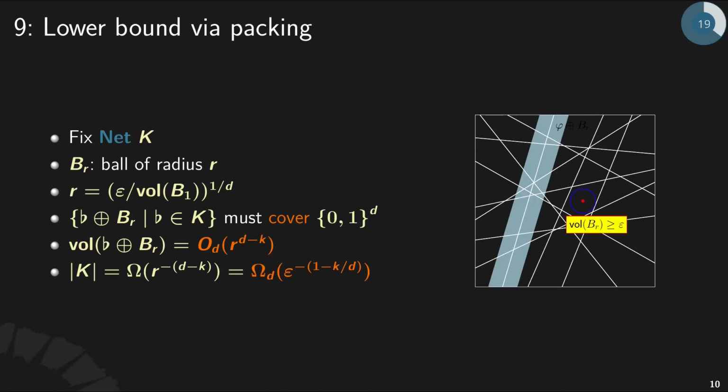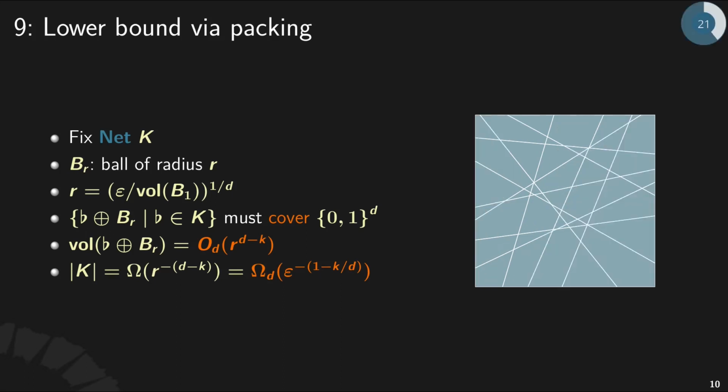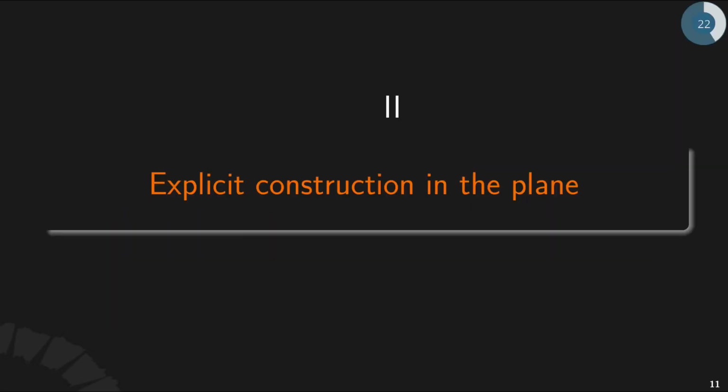If we just care about stabbing those balls, every k-flat defines a cylinder-like area which covers all the centers of the balls located there, if we use balls of exactly volume epsilon. We need a set of cylinders that cover the unit cube, so you can compute the volume of each cylinder, and that immediately gives a lower bound on how many k-flats you need to cover the hypercube, which gives us the desired lower bound.